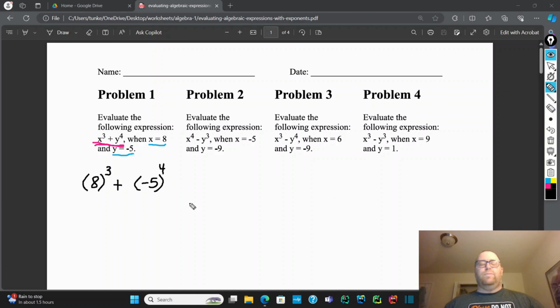So let's do this. 8 cubed. Well, when we have an exponent like 3 here, we take the power, 3, and we take the base and we multiply it. We take this many, so let's take 3 8s and multiply them together. Here we're going to take 4 -5s and multiply together.